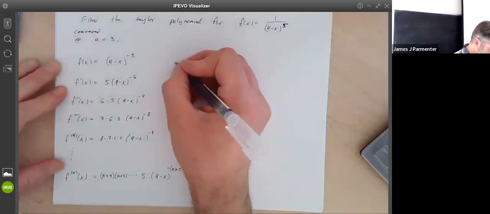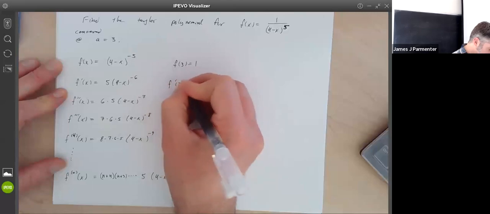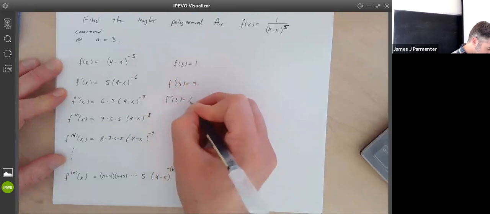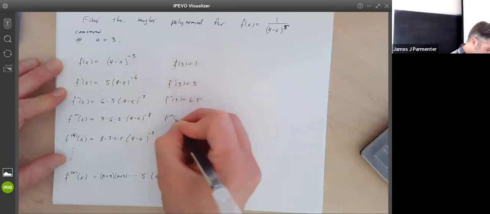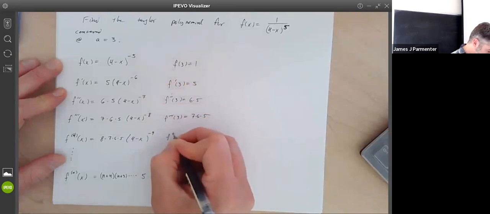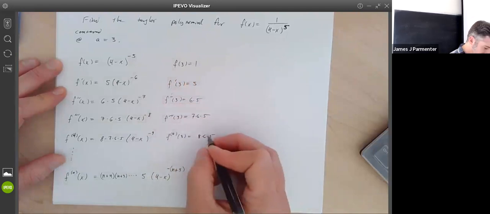So I can see that f of 3 is going to be 1, and f prime of 3 is going to be 5. f double prime of 3 is going to be 6 times 5, and f triple prime of 3 is going to be 7 times 6 times 5, and so on. I forgot the 7 there.